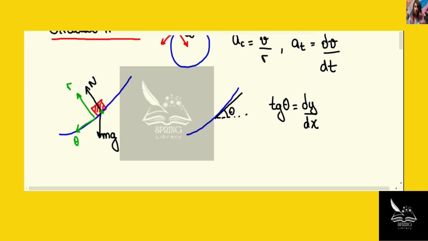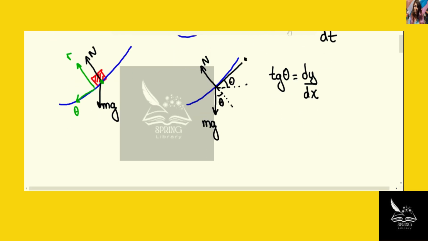That's the very definition of derivative. Now notice that the normal force is perpendicular to this line here. So this means that mg makes an angle of theta with the normal force.